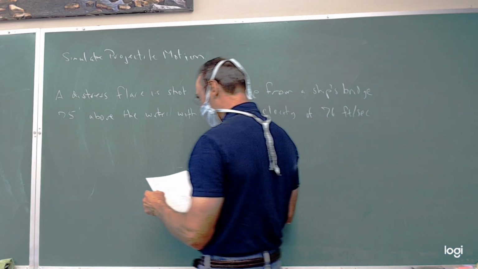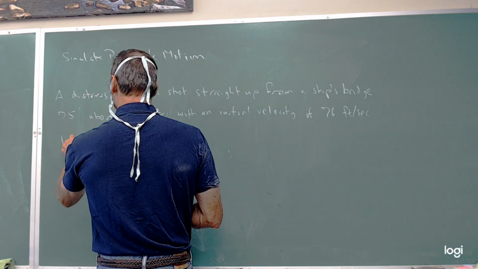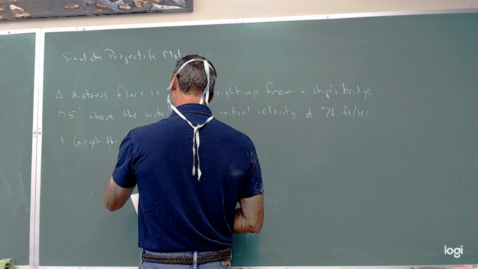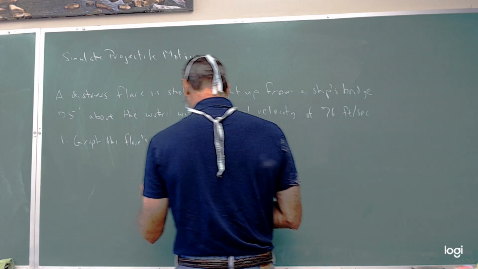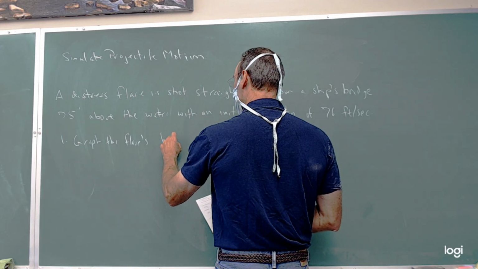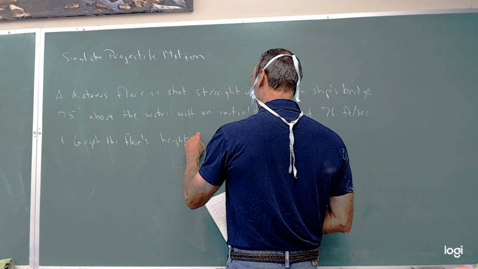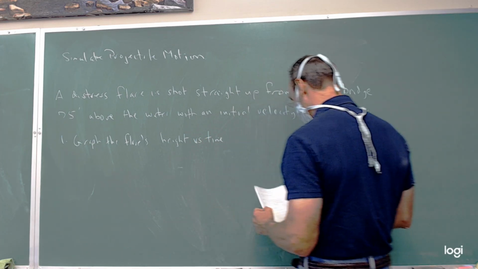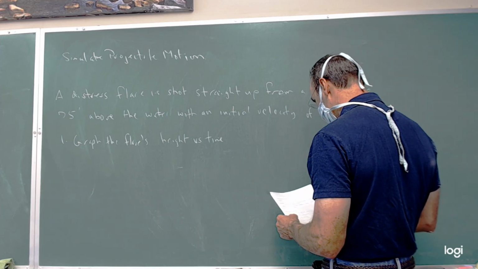And we are going to first graph the flare's height against time. So we're going to go height versus time. This is more like you might have done in an Algebra 2 or a pre-calculus class.